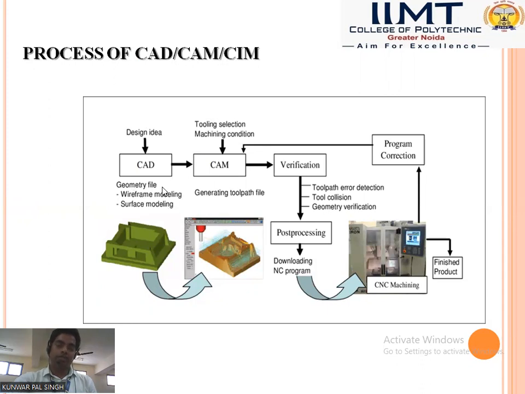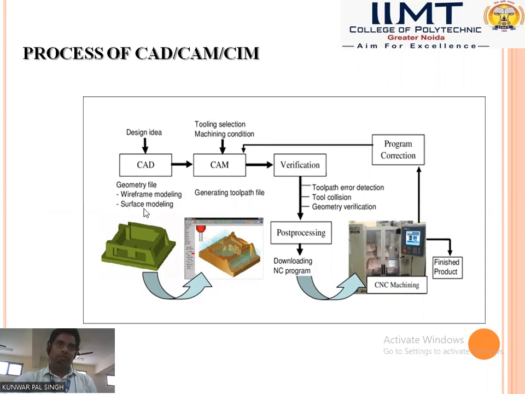Whatever the problem is, we first do the design of that particular problem, particular parts. So design data, geometrical file, in this we do wireframe modeling or surface modeling. These are the commands used in the CAD.